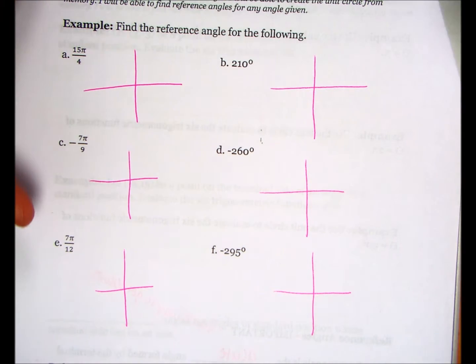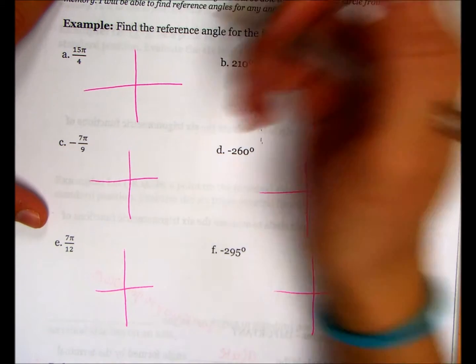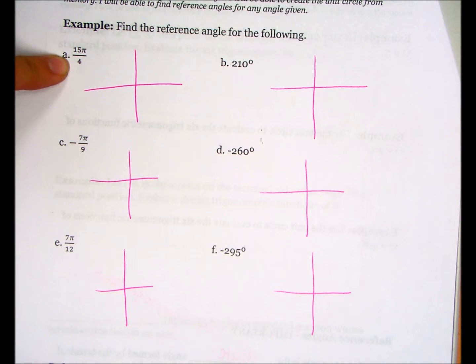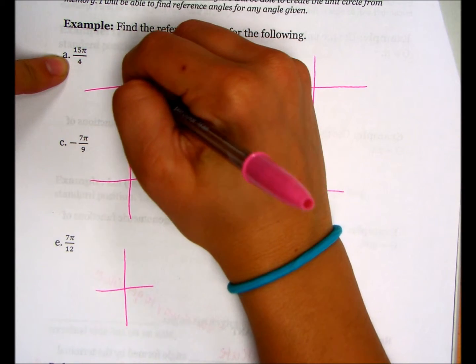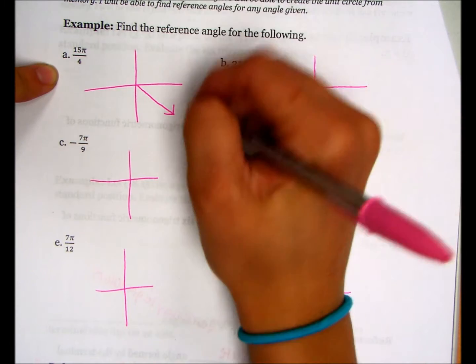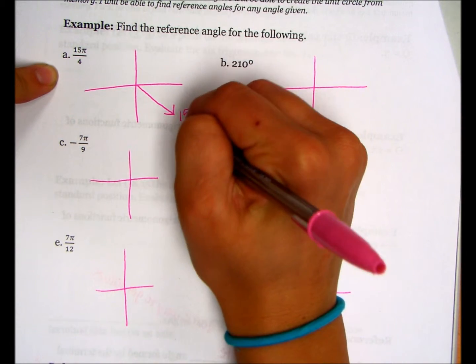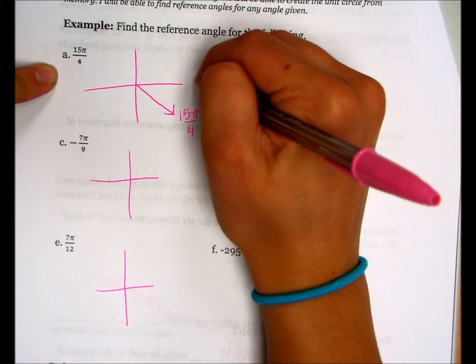So 15 pi over 4 is going to be very close to 16 pi over 4, which is 4 pi, which would be going 2 times around my unit circle. So I know I am in here. This is 15 pi over 4. The closest thing would be getting me back to 2 pi.